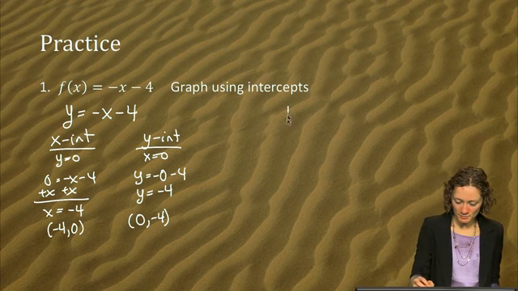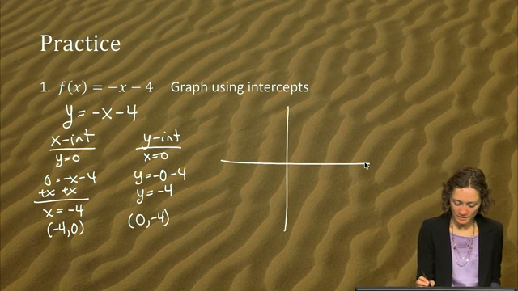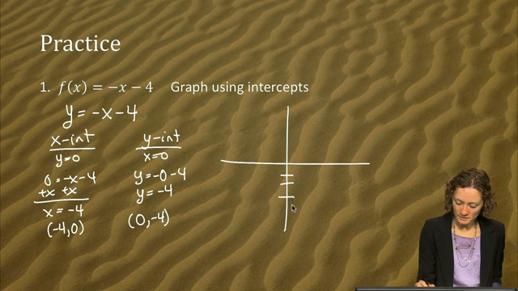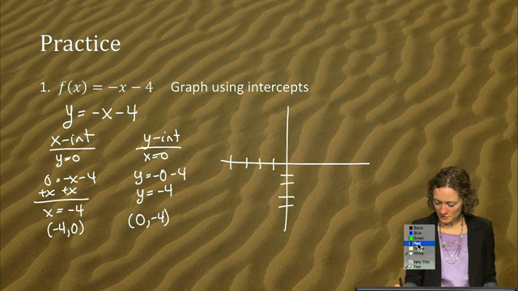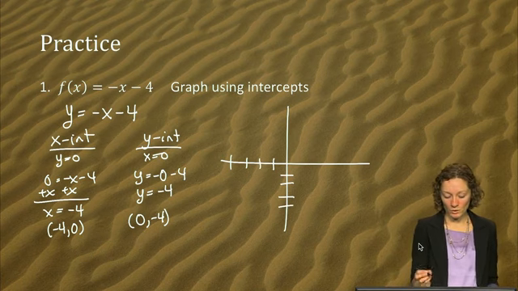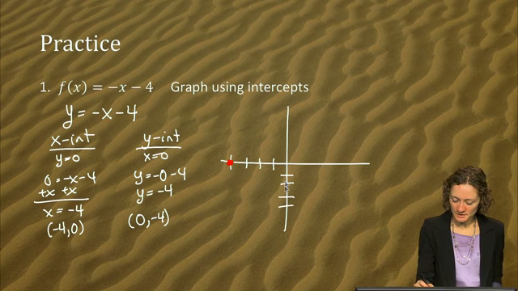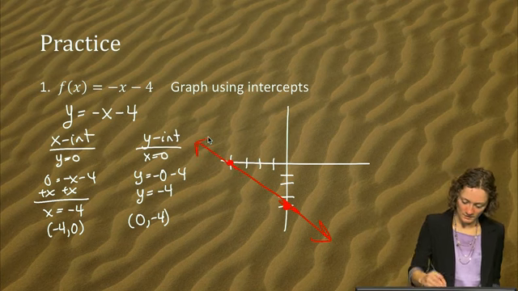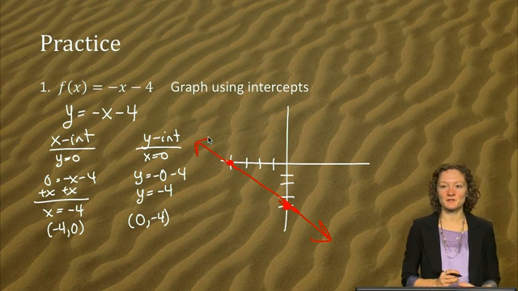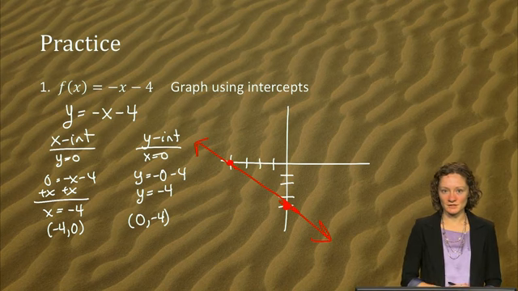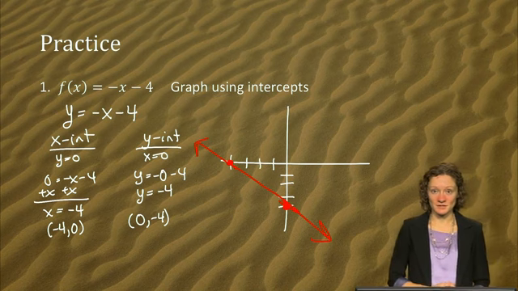All right, then let's put these together on the graph. I'm only making the tick marks for the ones I need, and these are all 1 unit apart. So we have negative 4, 0, and 0, negative 4. Connect, and you have your line. So here is our graph done using intercepts. Graph this linear function using intercepts.